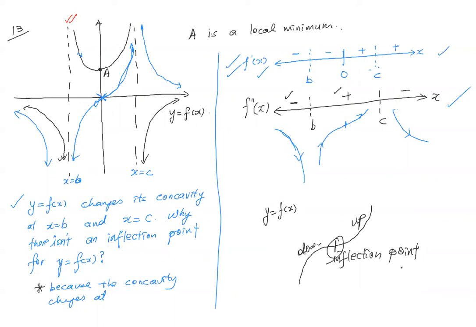What do we call this line? At the vertical, what? Asymptote of x equal to b and x equal to c.